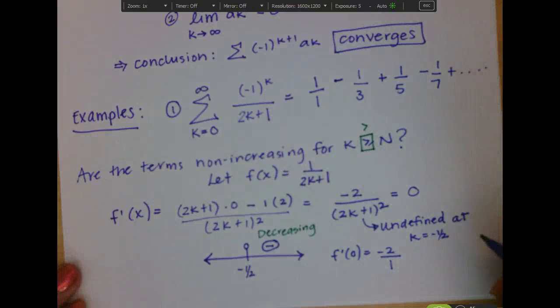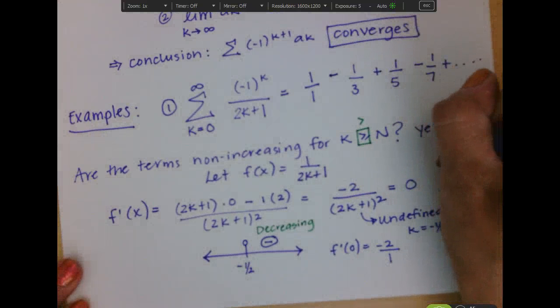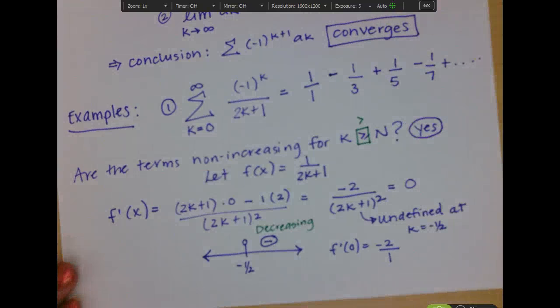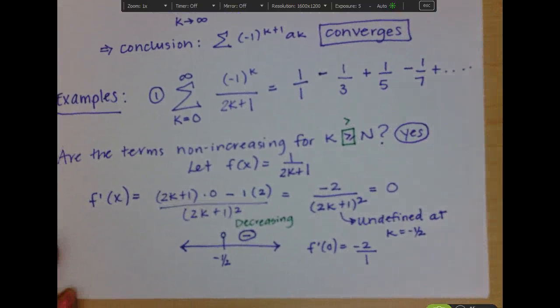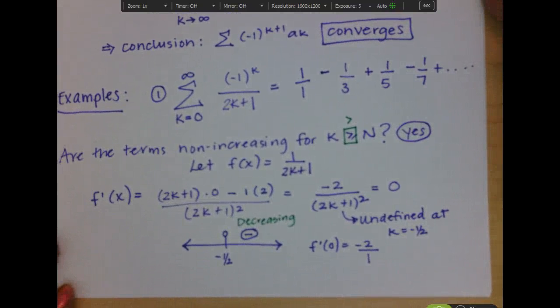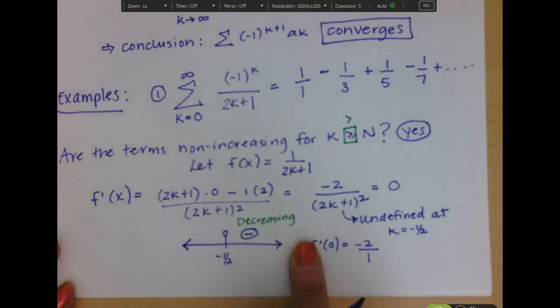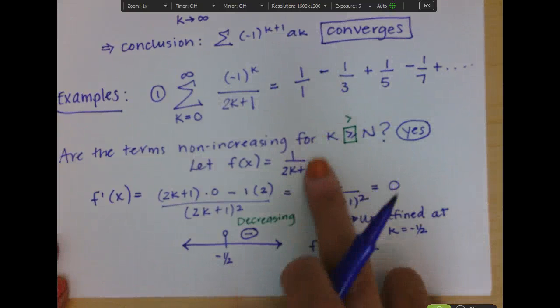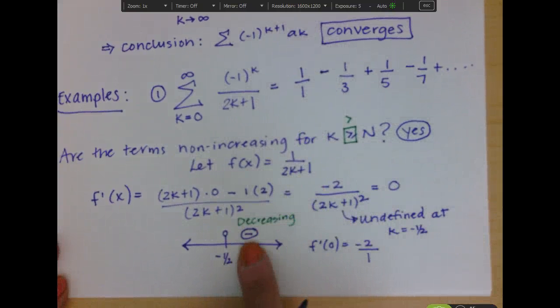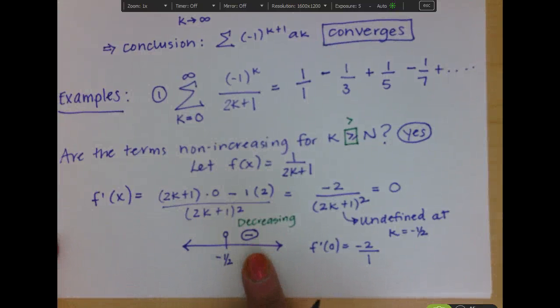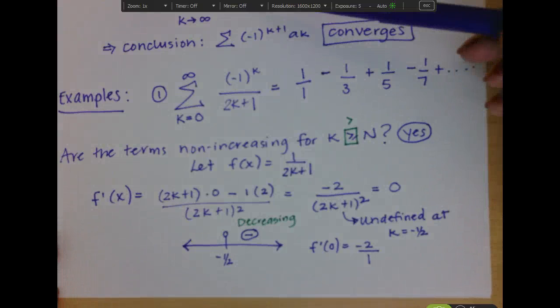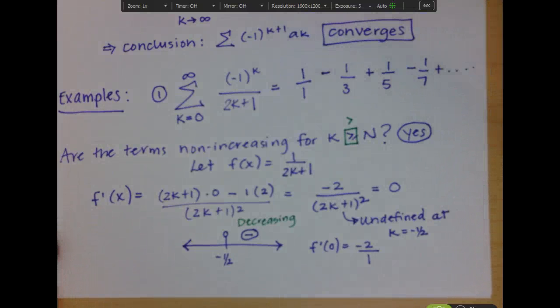So all of that work allows us to conclude yes to the very first condition of the alternating series test. Yes, in the long run, the end behavior of this 1 over 2k plus 1 function is that it will be decreasing. Now, the second condition is that the limit of that function equals 0.